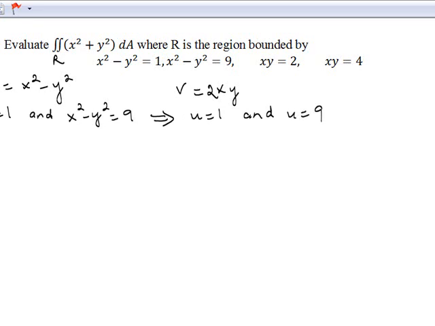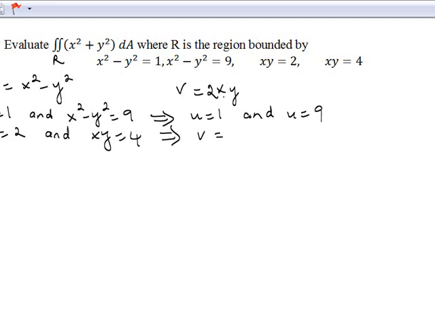And then xy equals 2 and xy equals 4 becomes what? 2xy is V, you know. Careful. If xy is 2, what is 2xy? 4. So what is V? Careful, careful.